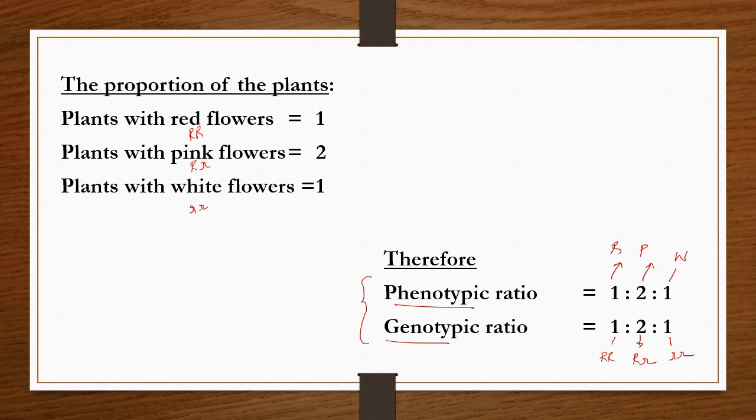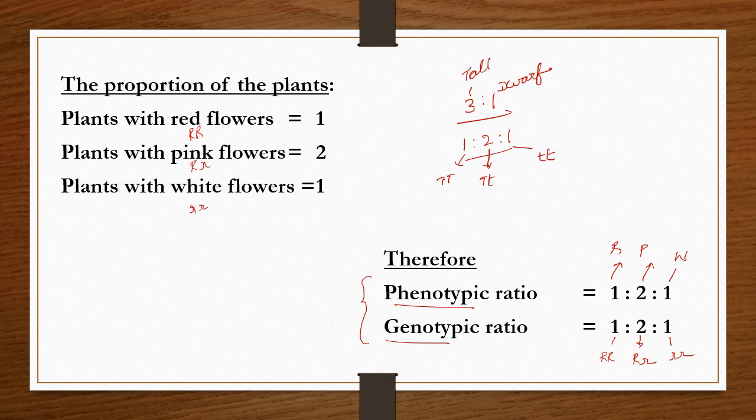Recollect the monohybrid cross using tall and dwarf: there the phenotypic ratio is 3 is to 1, that means three plants are tall and one plant is dwarf. The genotypic ratio is 1 is to 2 is to 1: one plant with capital T capital T, two plants with capital T small t, and one plant with small t small t.